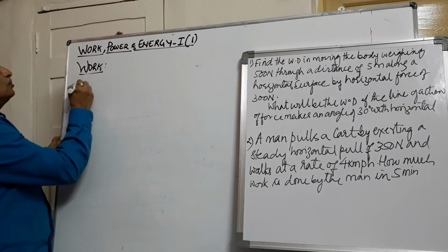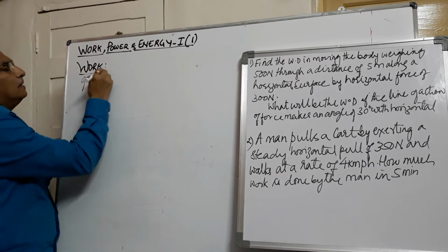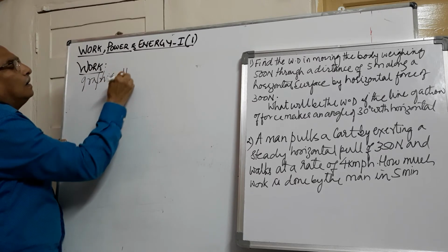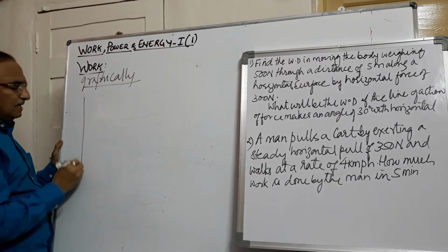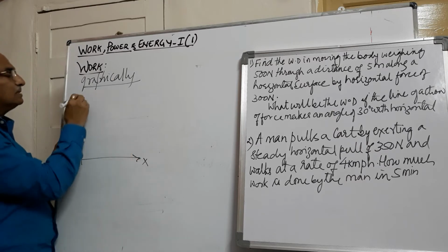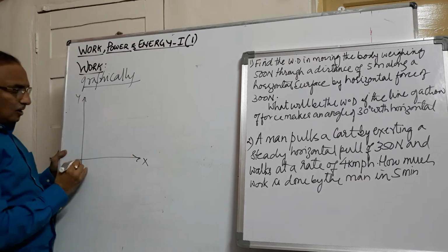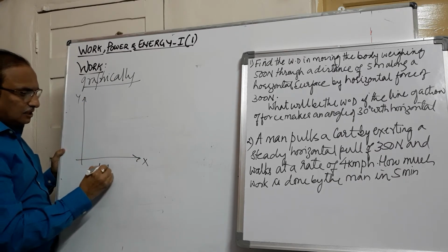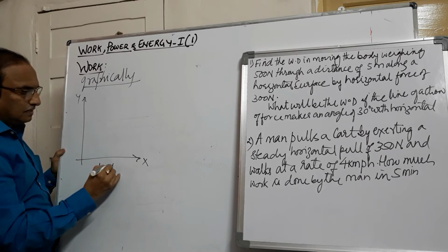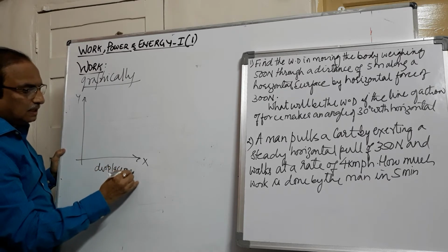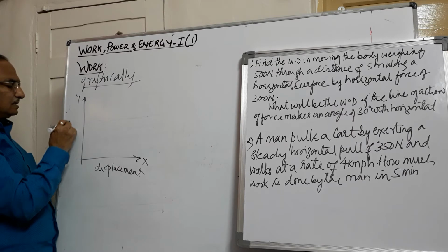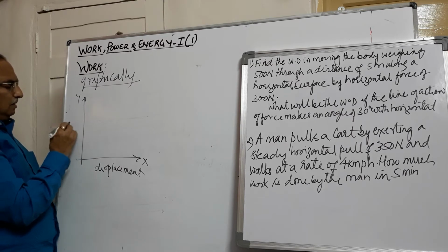Now suppose I want to represent it graphically. Suppose I take the x coordinates and y coordinates. Along the x axis I represent the displacement or distance it travels, and along the y axis I give the force.